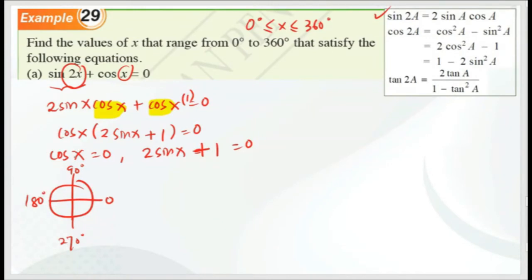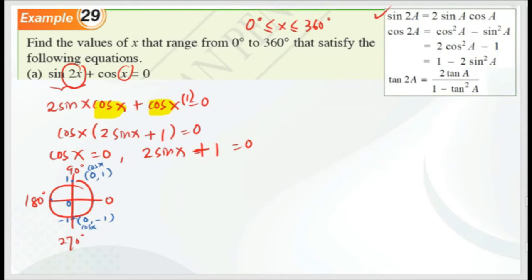So in which angle will the x coordinate be 0? The x will be 0 here, so you will get 0, 1, and another one is 0, negative 1.